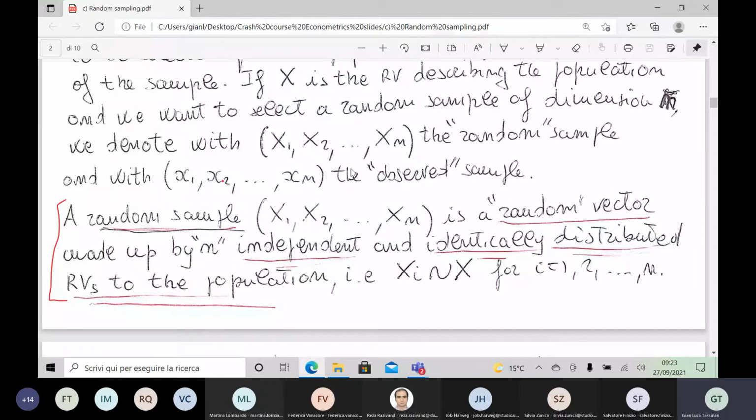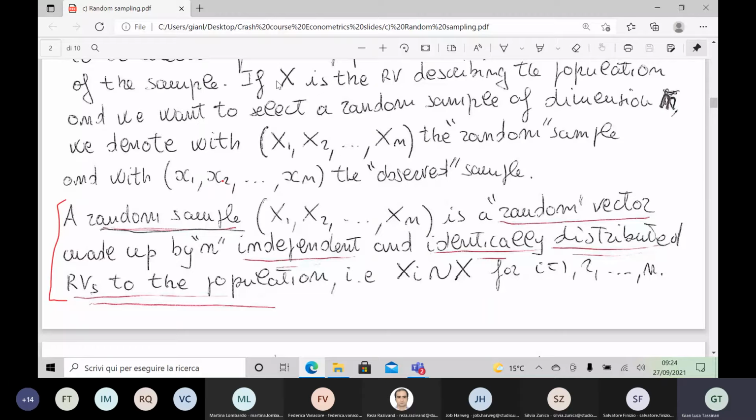But before selecting it, which are the possible values that X1 can assume? X1 can assume each of the values that capital X can assume. In particular, the distribution of X1 is the same as X, because I repeat, X1 can assume the same values that X can assume.